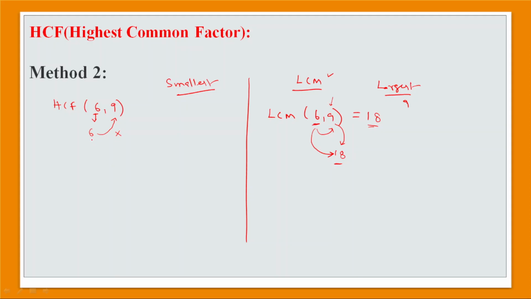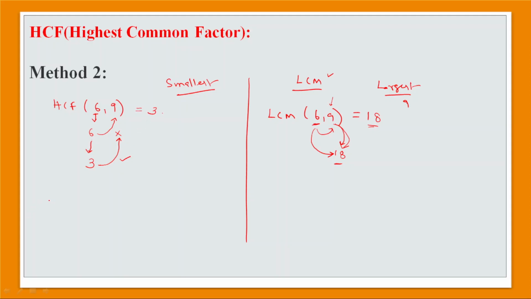In the case of the LCM concept, we take the higher numbers, but in the case of HCF, we need to look for the next smallest factor. So what is the next smallest factor of 6 here? The next smallest factor here is 3. Then we look whether this 3 is a factor of 9 or not. Clearly 3 is a factor of 9 here. So my HCF will be 3 here.